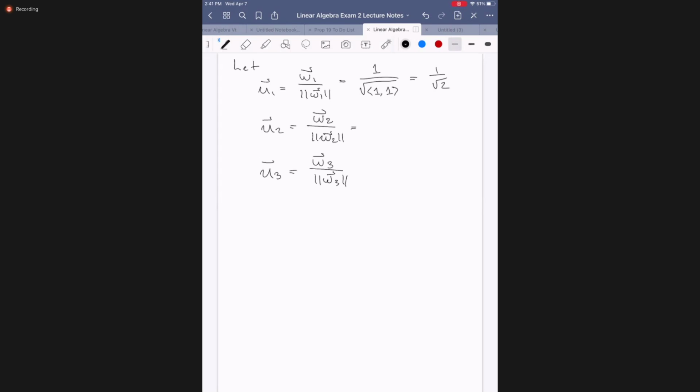This is going to be, W2 is x over the square root of x inner product with itself, which is the square root of the integral of x squared. So this should be just x over the square root of 2 over 3.